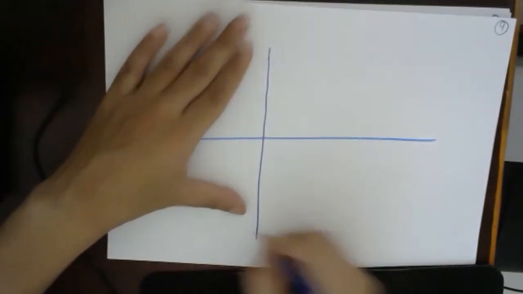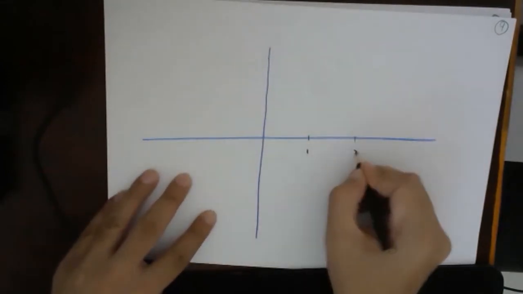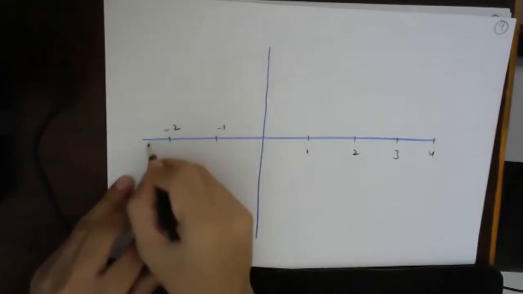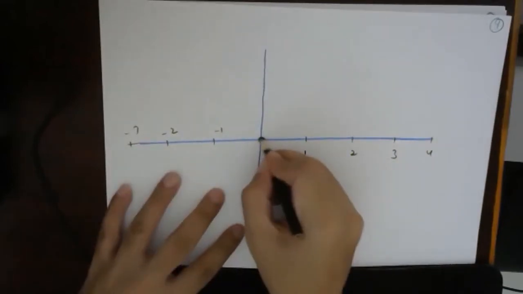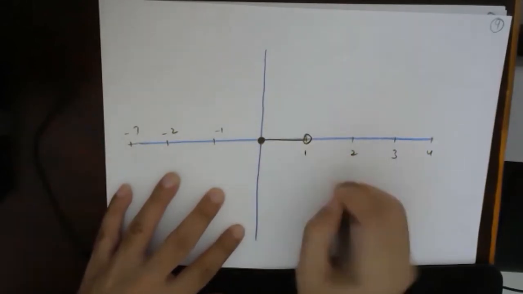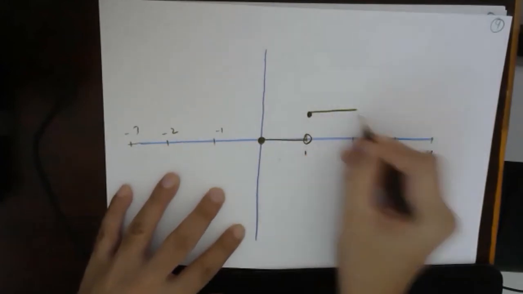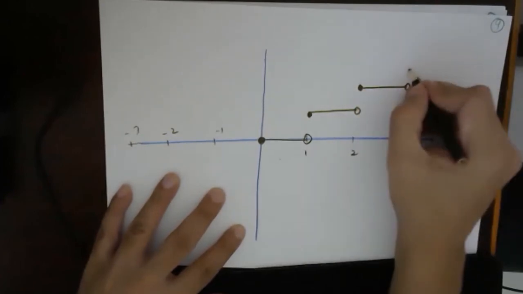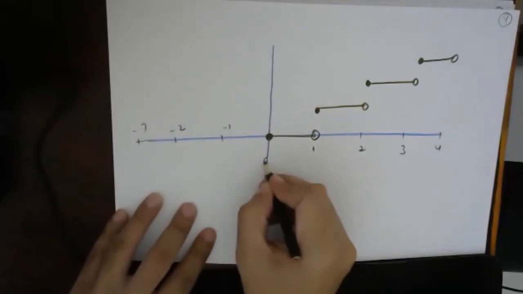Yes, the graph is the greatest integer function, known as greatest integer function. So this is 1, 2, 3, 4, and so on. Minus 1, minus 2, minus 3, and so on. So from here till here, 1 is not included, then 1 is included, then 2 is included, then 3 is included, then this one.